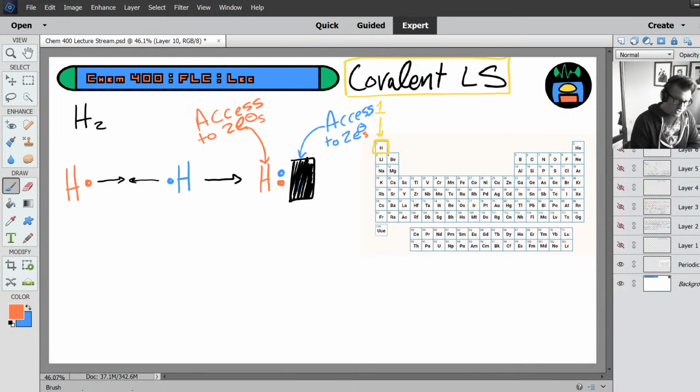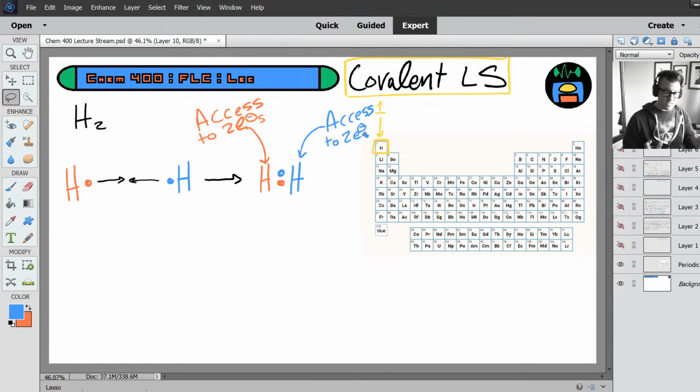And because each of these atoms has access to the same number of electrons as helium, we say that the octet rule for each has been fulfilled, all right?